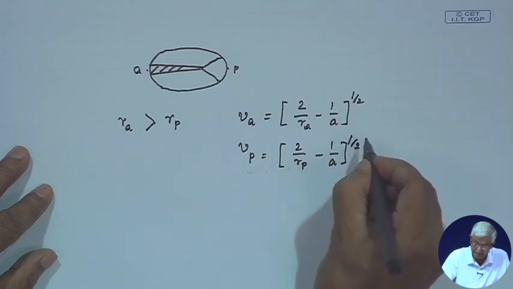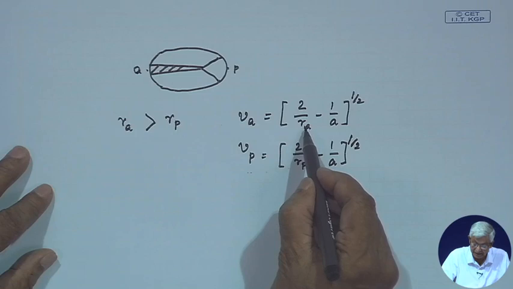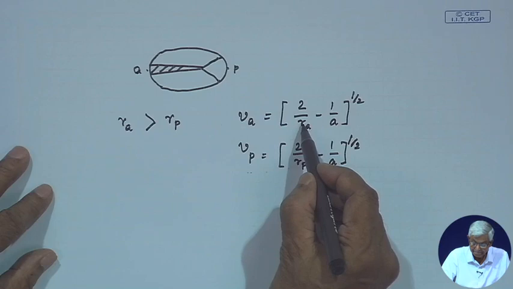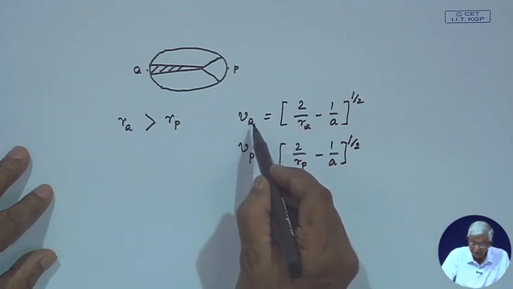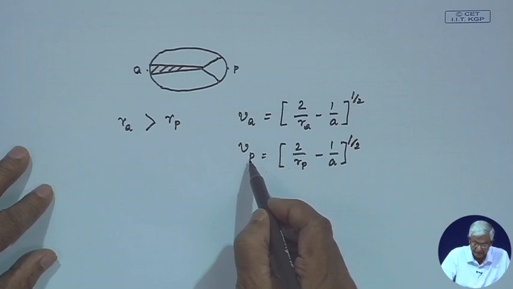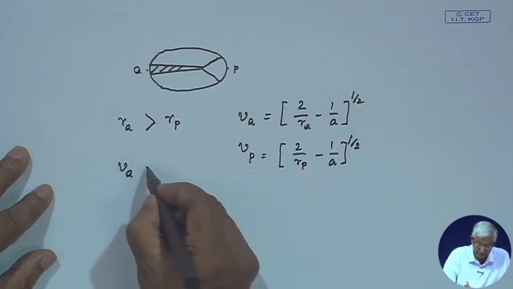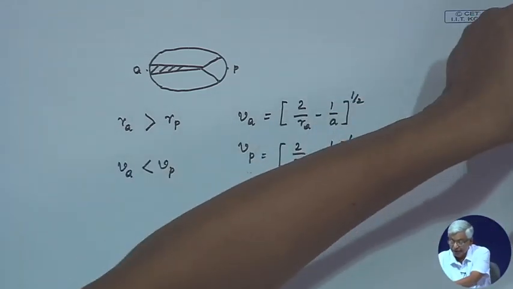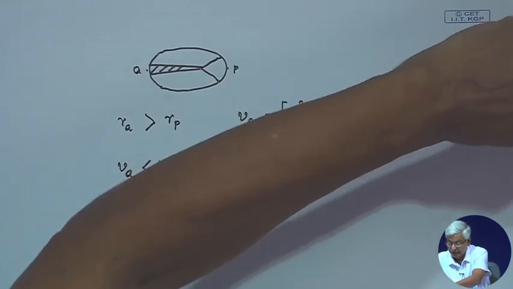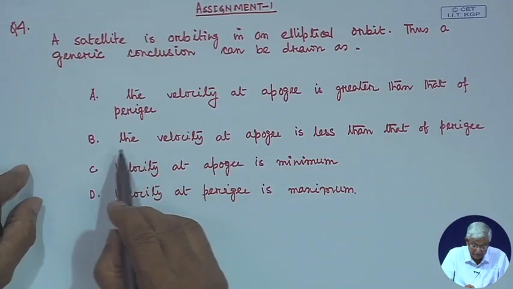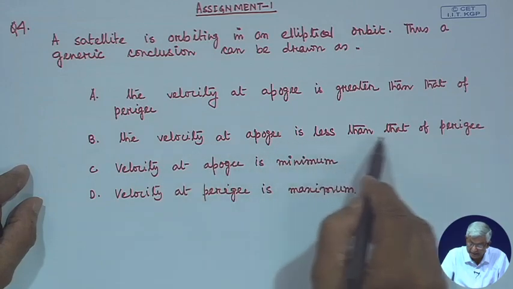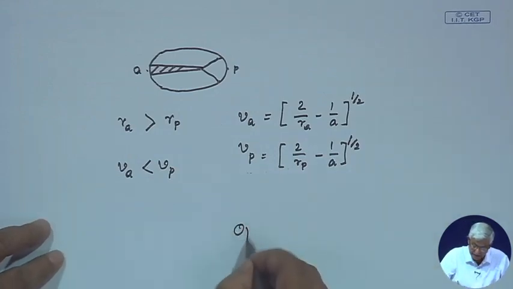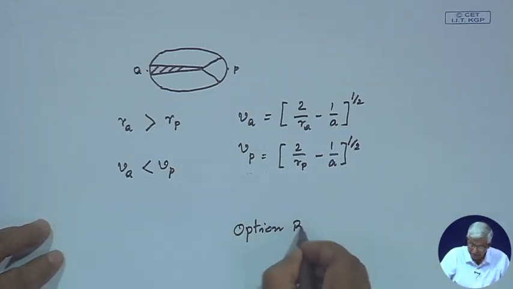Since R A is larger than R P and R A is in the denominator, the velocity at apogee will be lower than the velocity at perigee. Our option B says that the velocity at apogee is less than that at perigee. So, option B is correct.